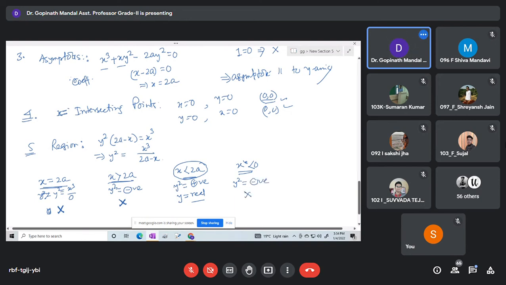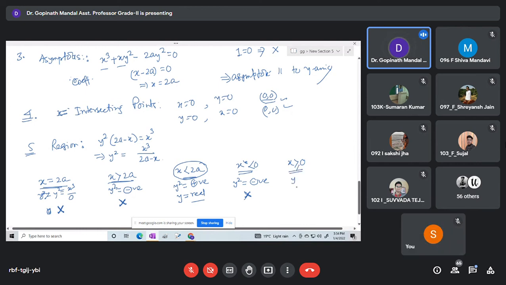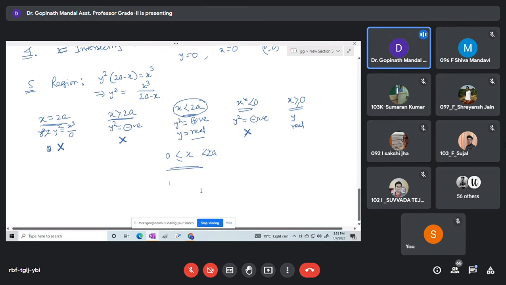So we can't find y. So x must be greater than or equal to 0. For that case we get a real value of y. So we have the region x from 0 to 2a, x less than 2a. This is the region. Now we trace the curve.